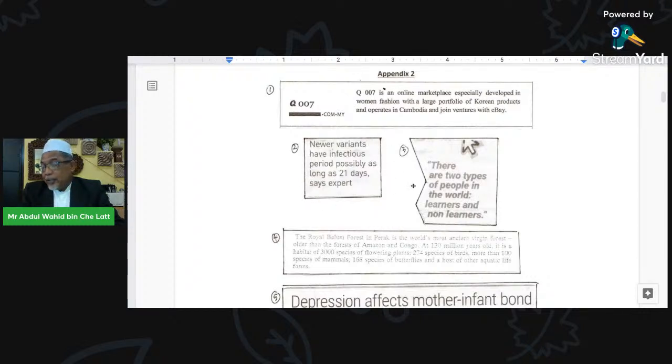Extract number 3. There are two types of people in the world, learners and non-learners. Look at the word are. It is a stative verb, simple present, and the whole message is a fact.